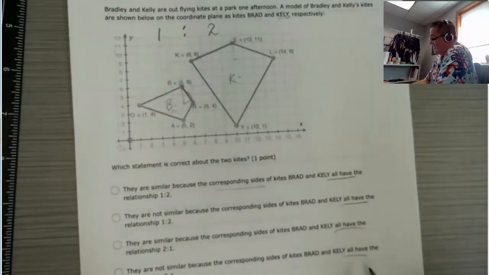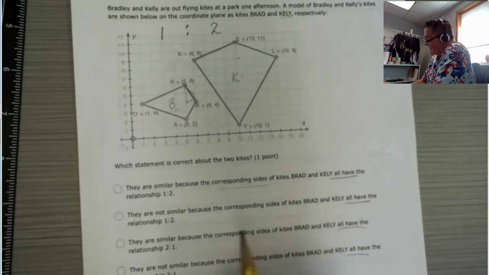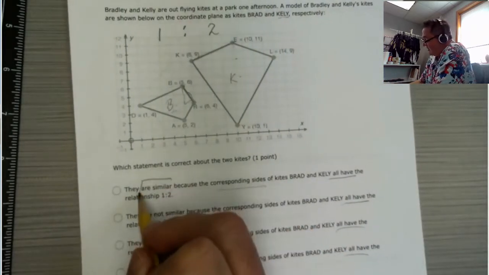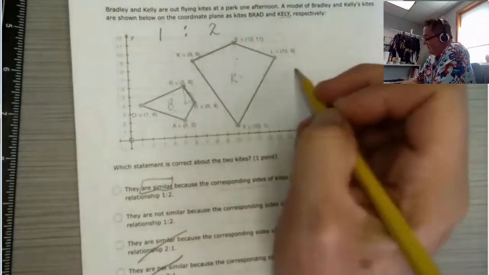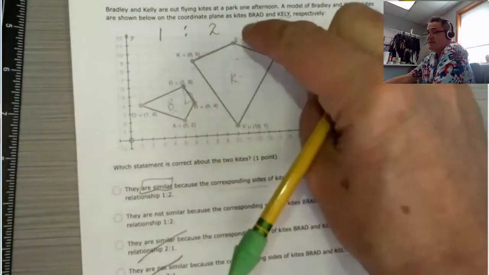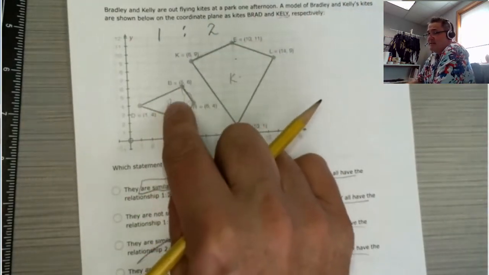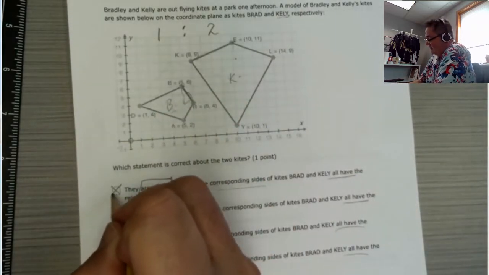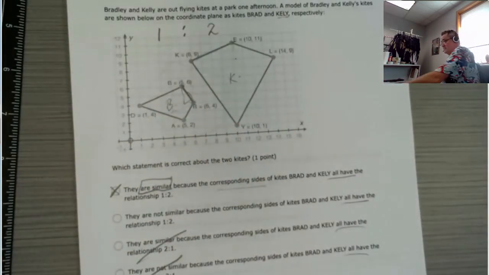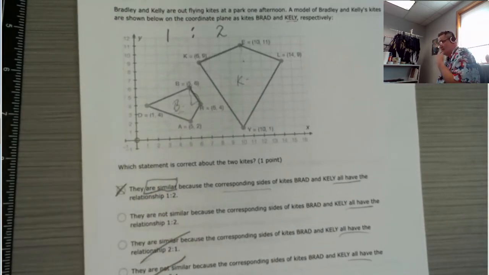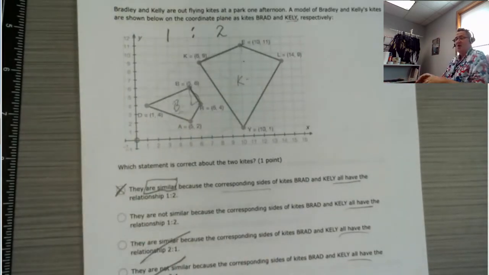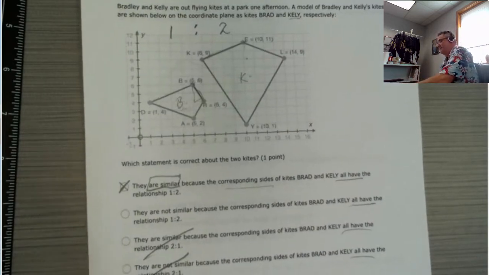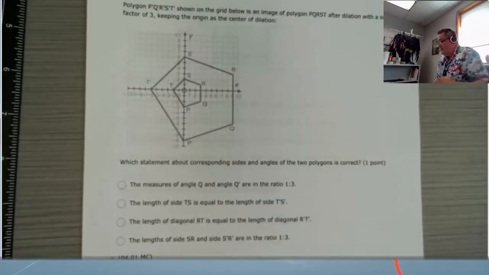Definitely, it's not the 2 to 1. And they are similar. If every one of these lines is twice as long as these, it is a similar shape. So 1 to 2, it is similar since all of the sides are proportionally the same. All right.